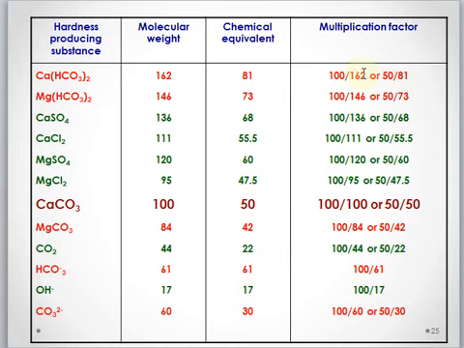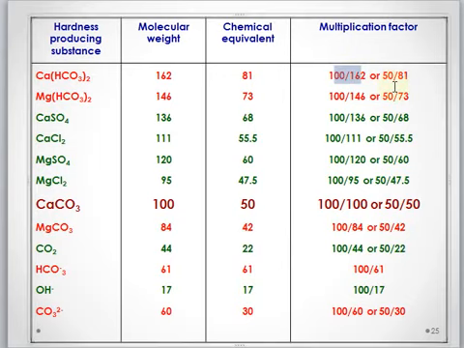So, you take this value, this 100 by 162 and multiply it by the amount of the substance that has been given to you. So, the rough example that I gave you was 100 milligrams. So, it will be 100 multiplied by 100 by 162, and whatever value you get, that is expressed in terms of calcium carbonate equivalence. Okay.